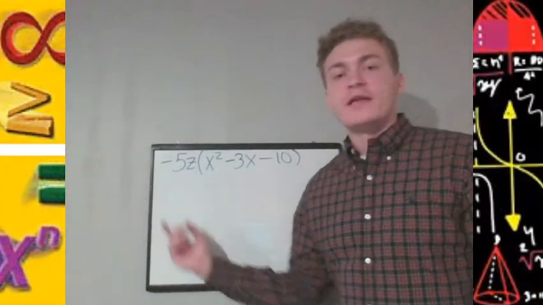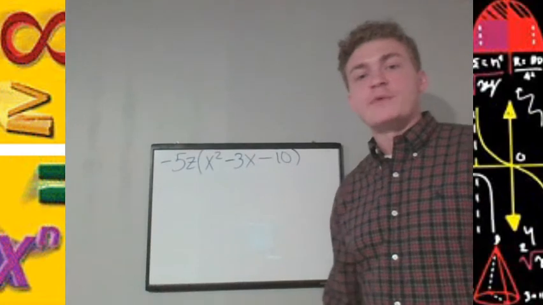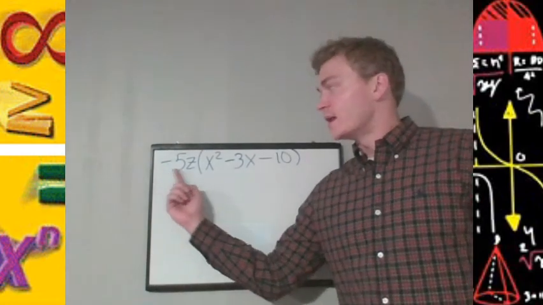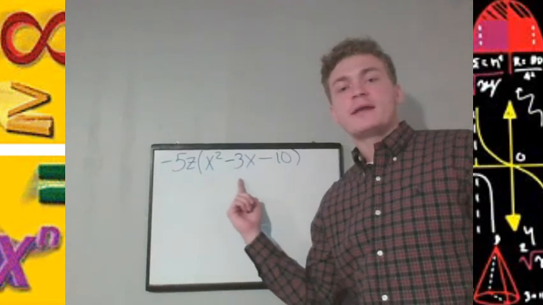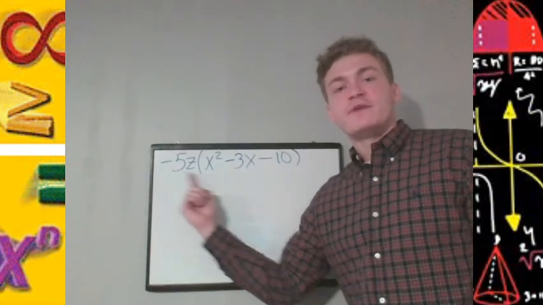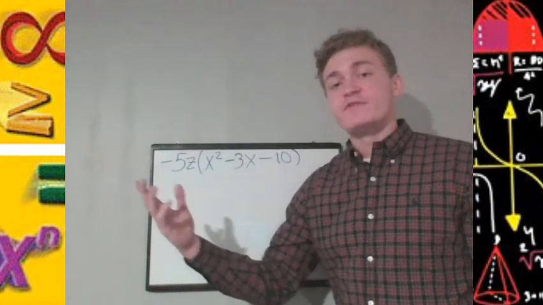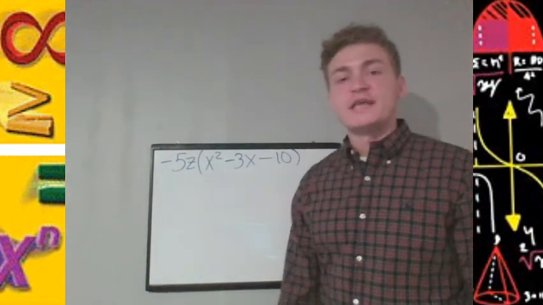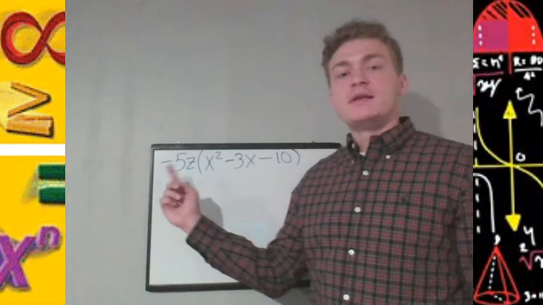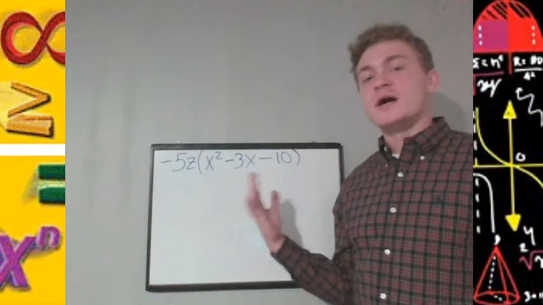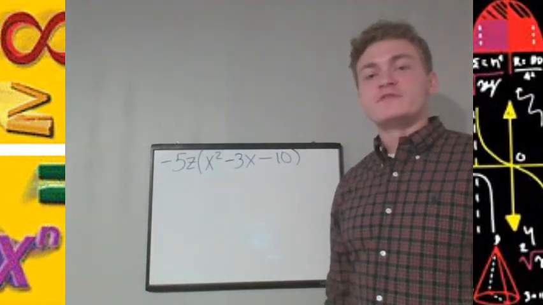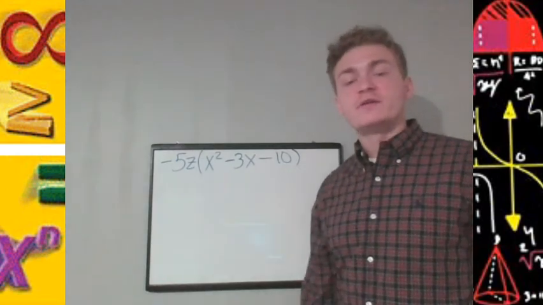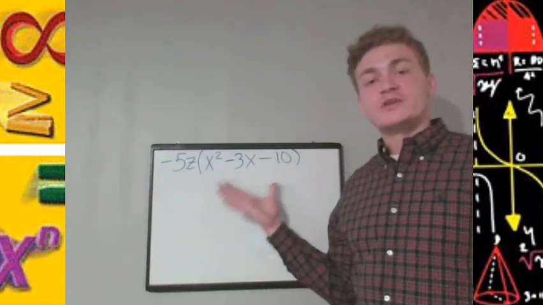When factoring out negative 5z, you will see that we leave behind x squared minus 3x minus 10. The negative 5z, when multiplied back to negative 3x, negative 5 times negative 3 is positive 15, with the additional xz factors, and you see that matches up with the second term. Negative 5 times negative 10 is positive 50 with our factor of z, plus 50z, as it matches up. So we did correctly factor, leaving behind the correct trinomial factor.